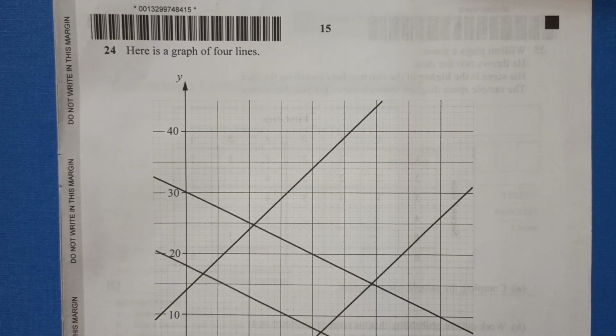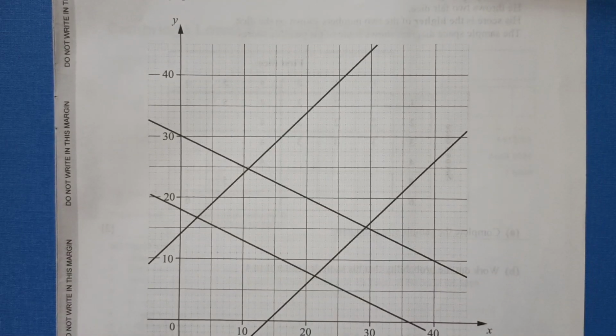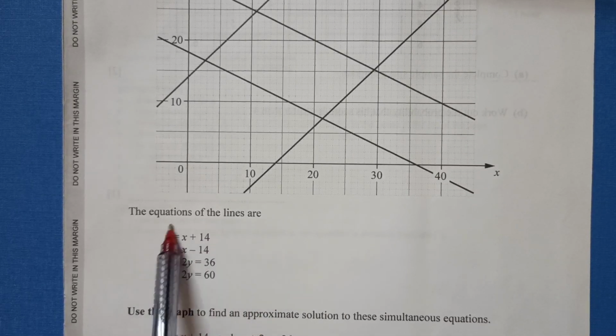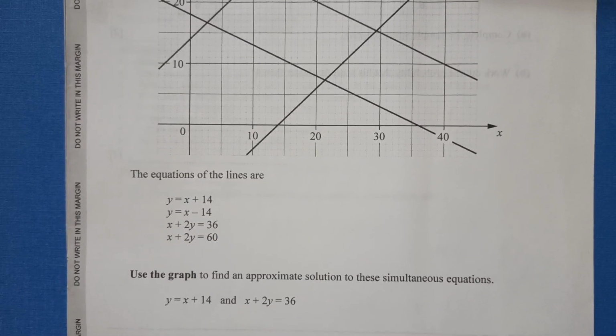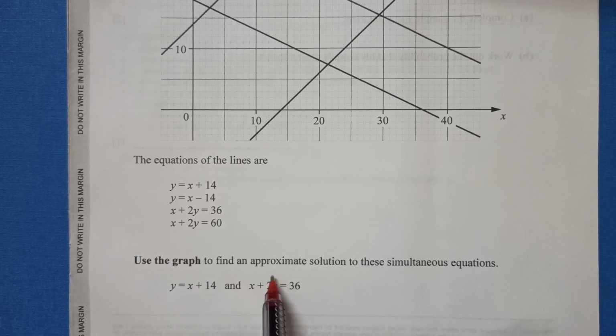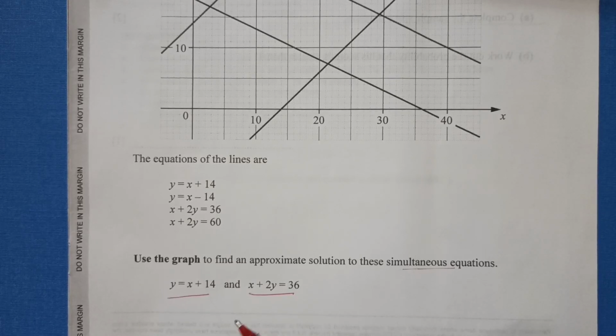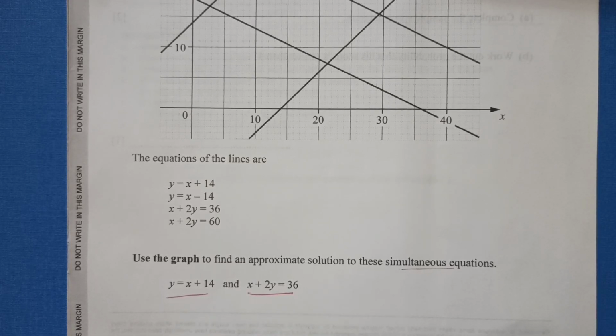Question 24. Here is a graph of 4 lines. You can see we have 4 lines here, and these are the equations of all these lines. Use the graph to find an approximate solution for these simultaneous equations. So we need the solution of this. For that we need to recognize the equations.